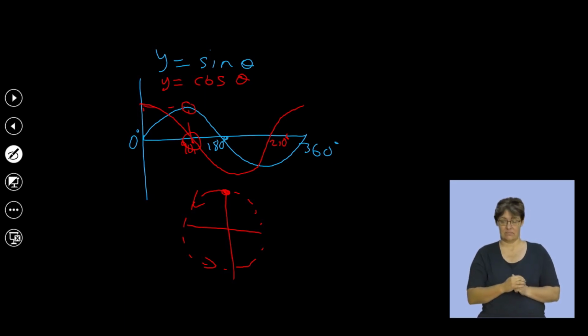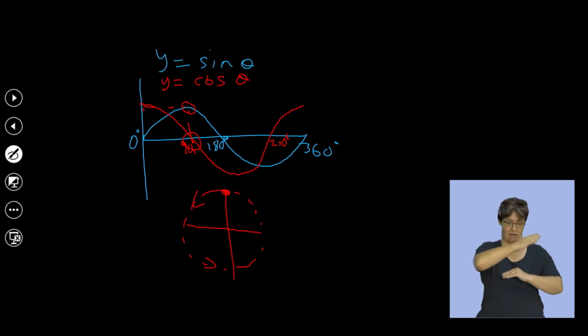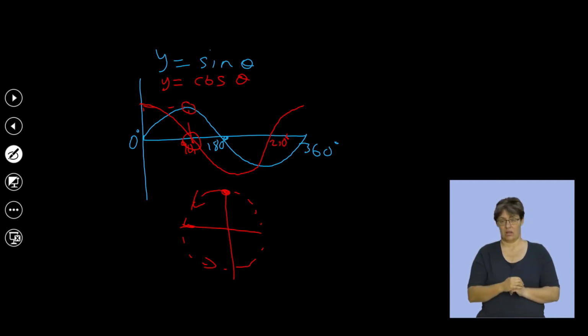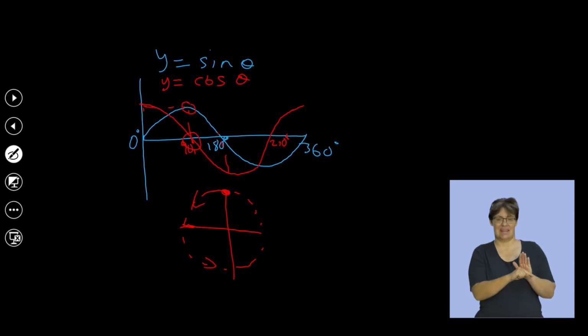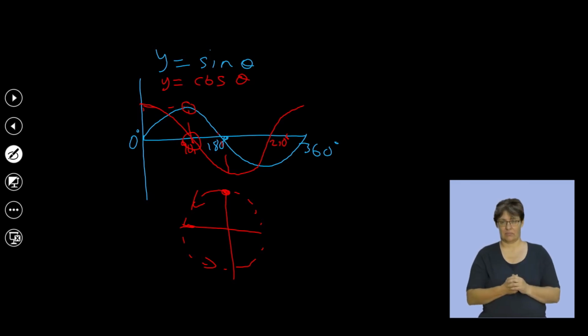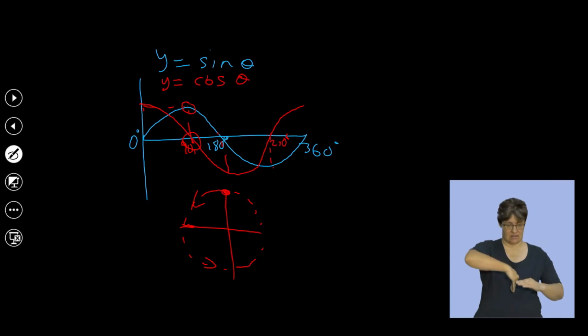And then, when you get to 180 degrees, the graph of sine is normally at 0 there, meaning the y value is 0, by the way. And then the graph of cos, we know it's not going to be 0, but negative 1, because it's normally between negative 1 and 1. And then we move on to 270 degrees.